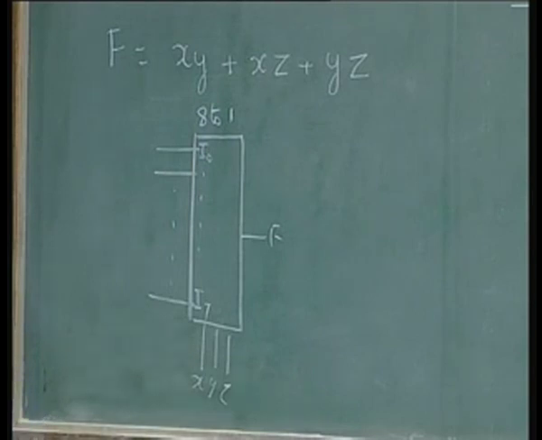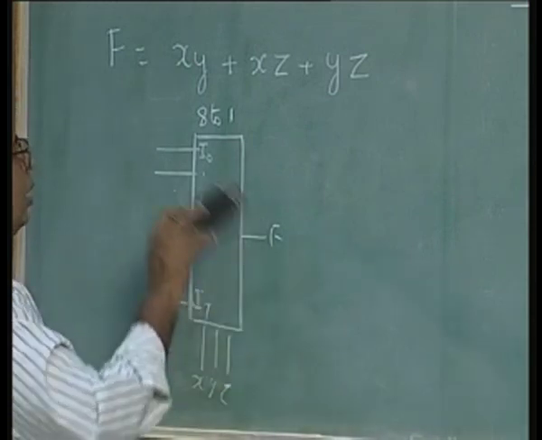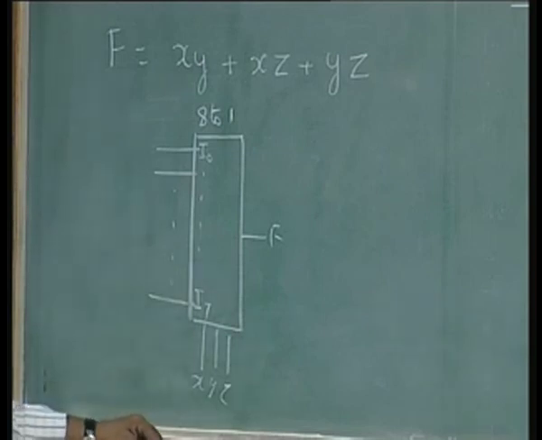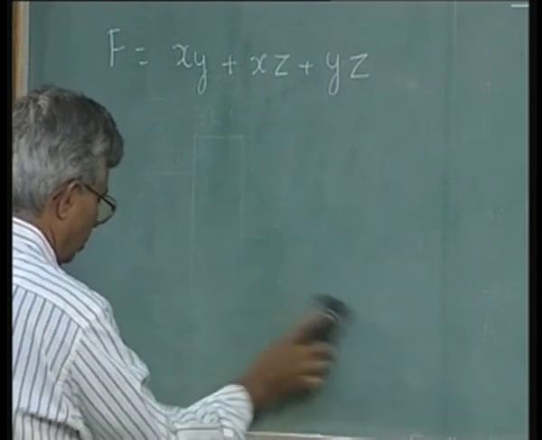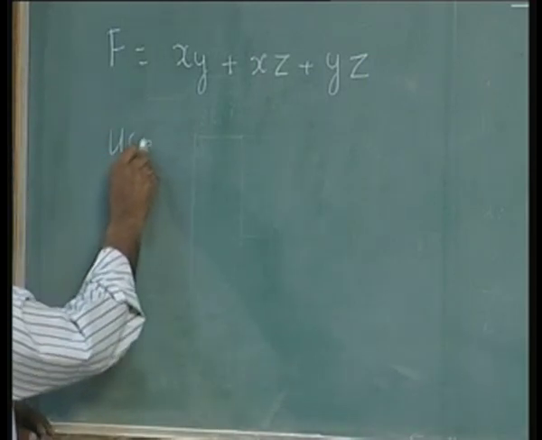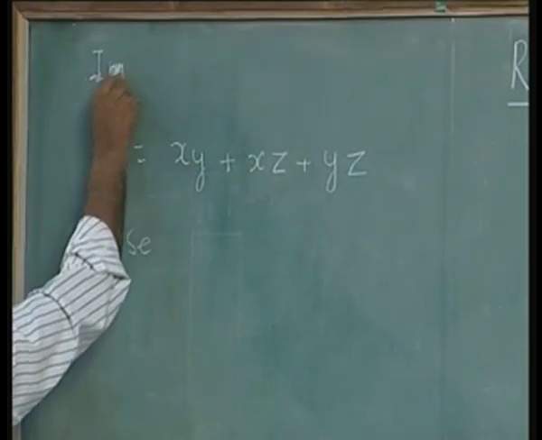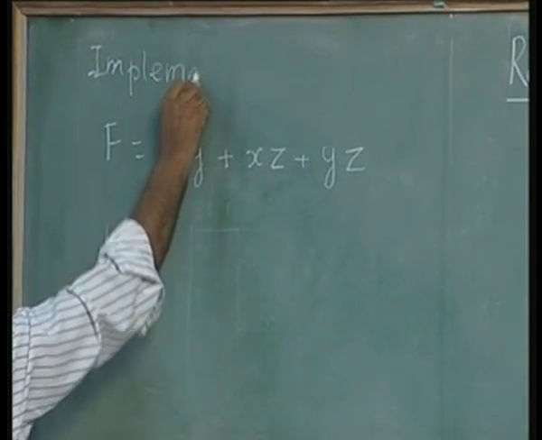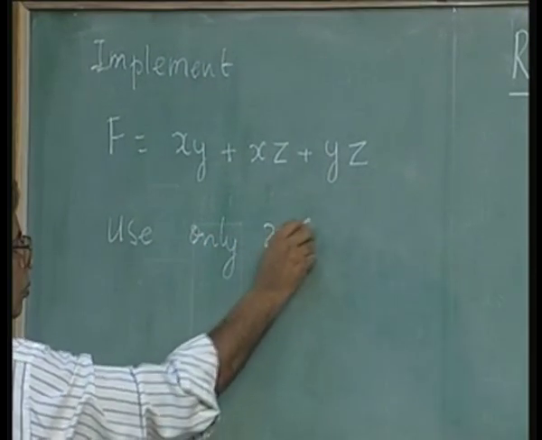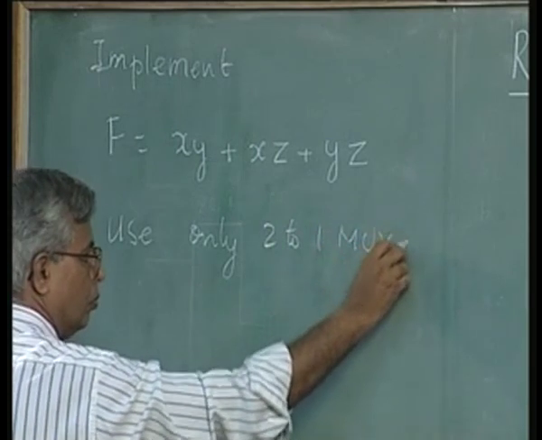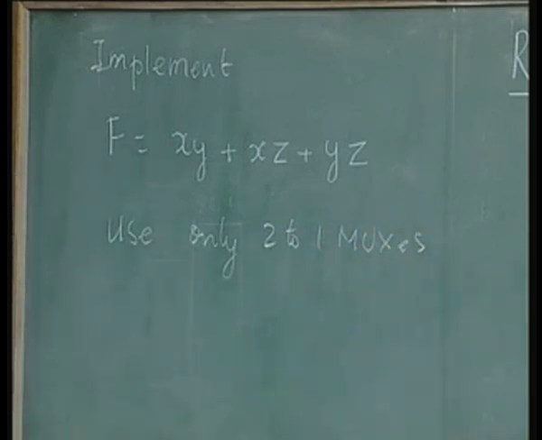But in this example what I am going to show you is, I want to do the same implementation not using 8 to 1 multiplexers, not using 4 to 1 multiplexers, but only using 2 to 1 multiplexers. So, I am going to put a further restriction on this. Use only 2 to 1 maxes.